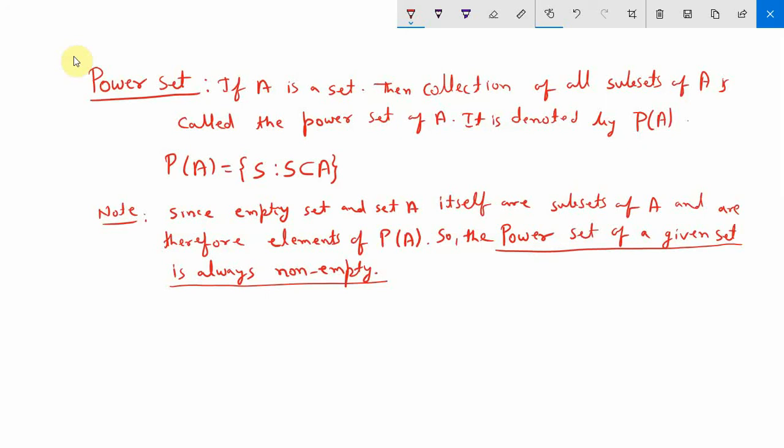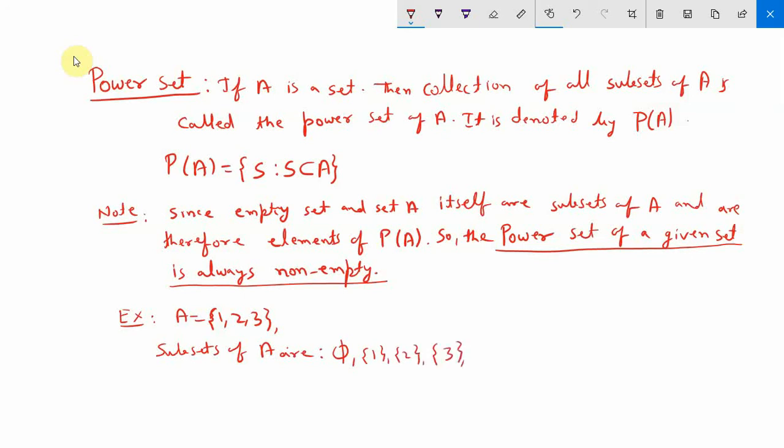So for example, if we consider a set, say A equal to {1, 2, 3}. Then what are the subsets of A? First one is the empty set. Next one, {1}, {2}, {3}.